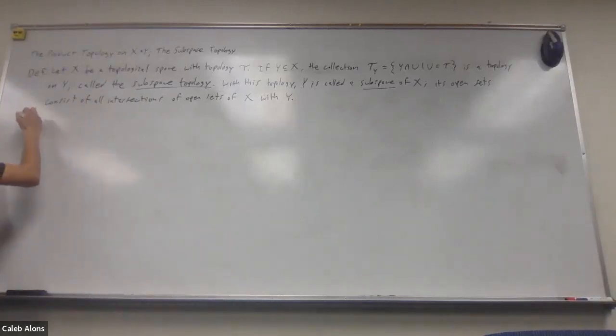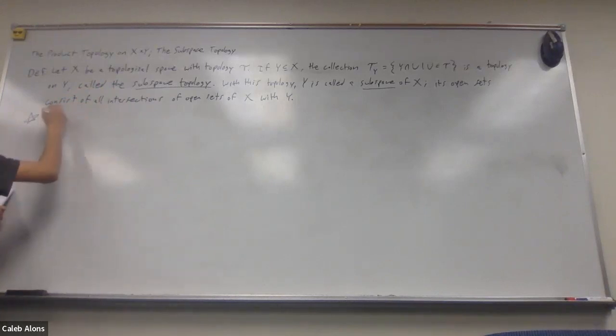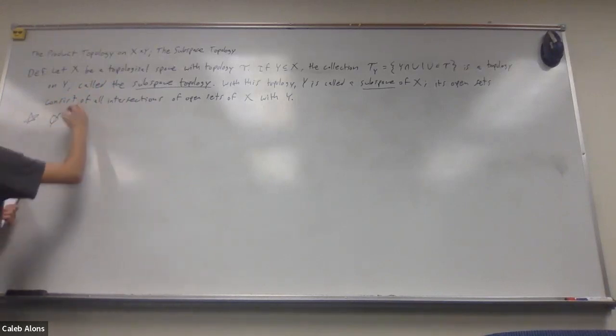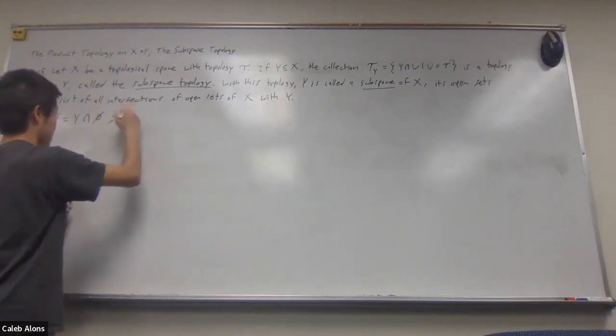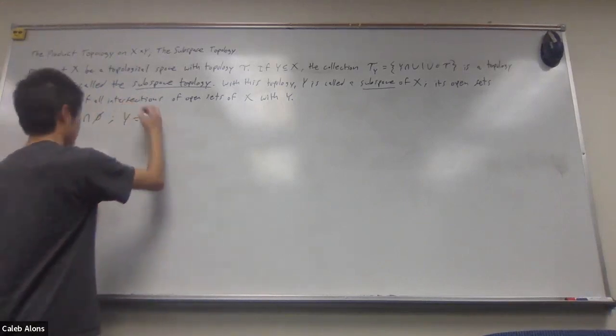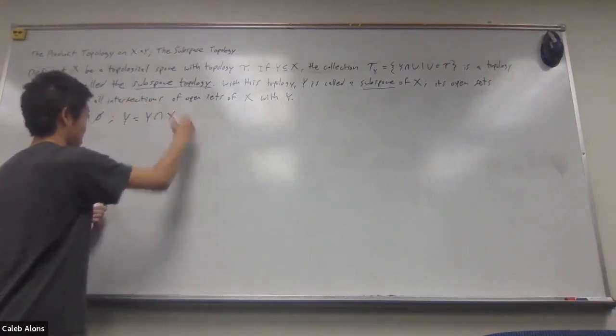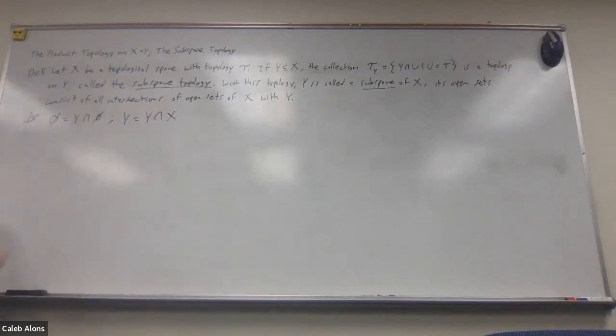Okay, so we can essentially establish that T sub Y is going to be a topology because we can get the empty set by intersecting the subset with the empty set. And we can get the subset back, Y, by intersecting the subset with X. So we have empty and the set itself.